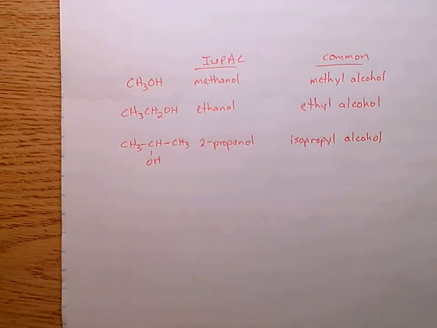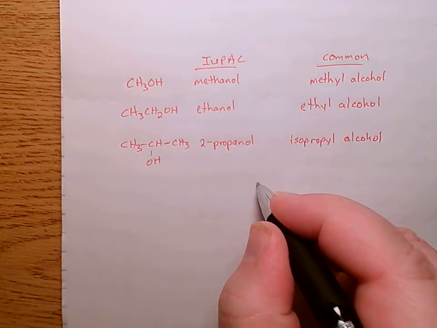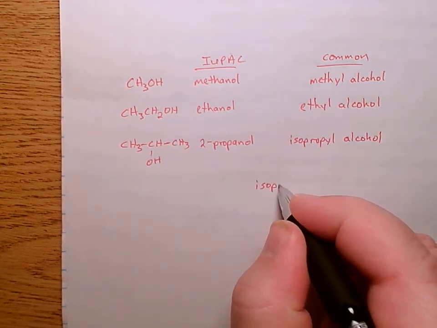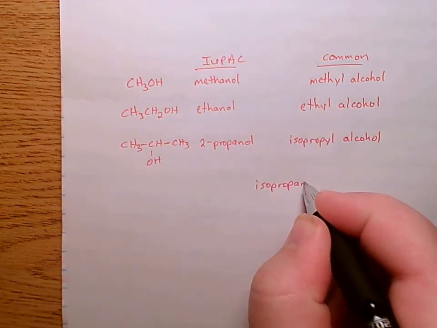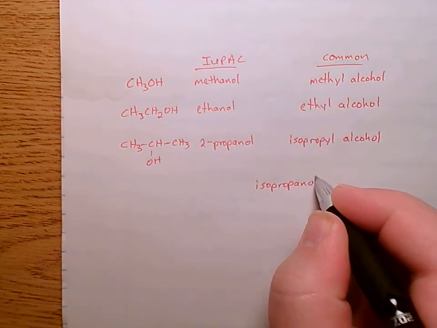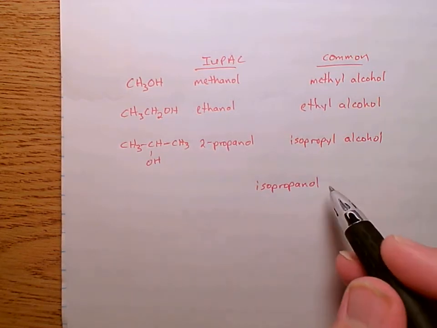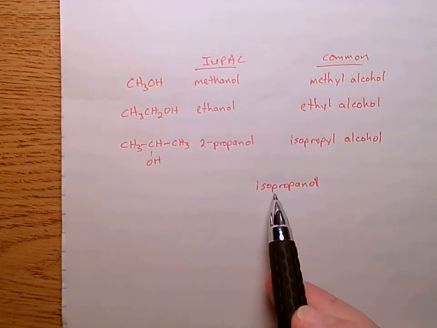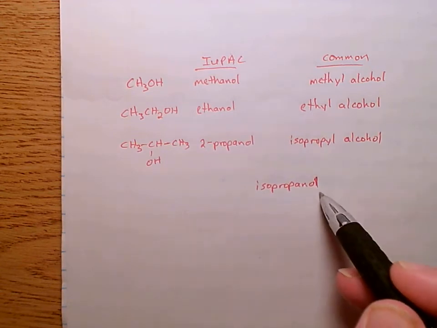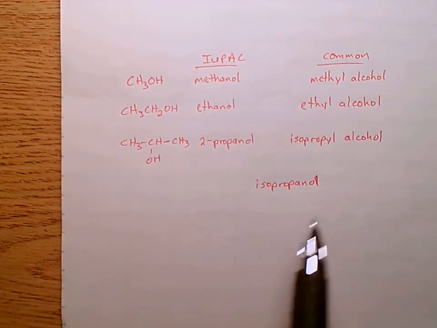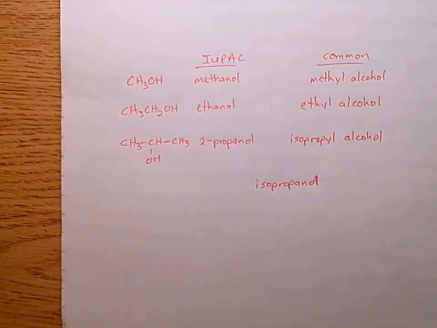The problem is there's some people that got messed up. And so they call this, well, let's call this isopropanol. Isopropanol. What's wrong with isopropanol? Well, the problem with isopropanol is the last part, propanol, comes from the IUPAC name, but the iso comes from the common name.